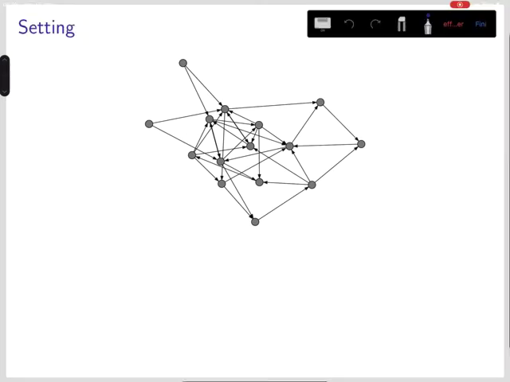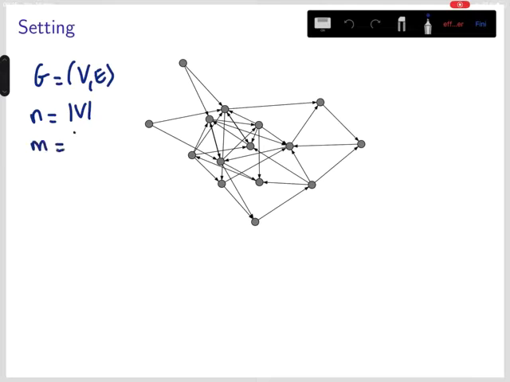So the setting is the following. We consider a graph with, let's say, n nodes and m edges. And as usual, we'll represent this graph by its adjacency matrix. We'll assume this matrix is binary, so we don't account for weights, although everything can be extended to weighted graphs.